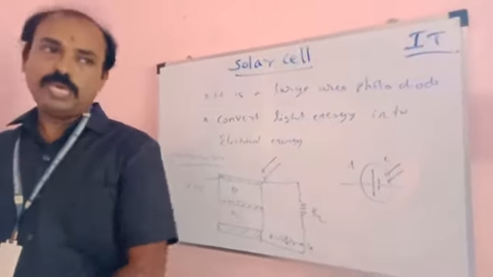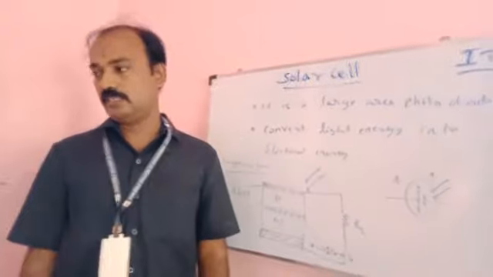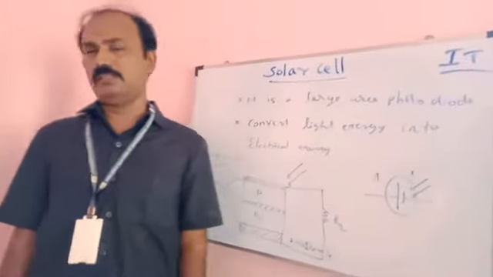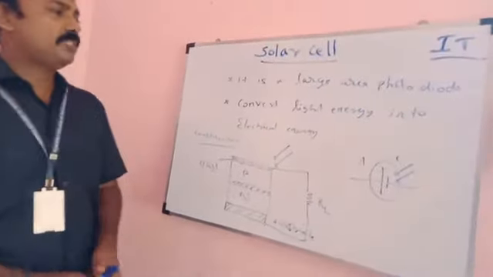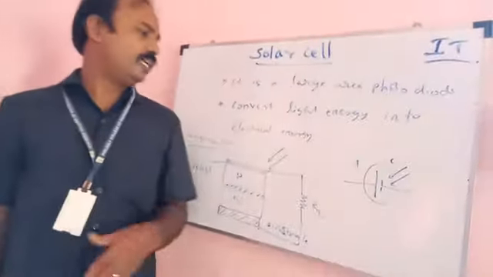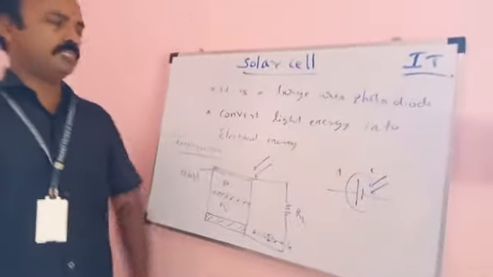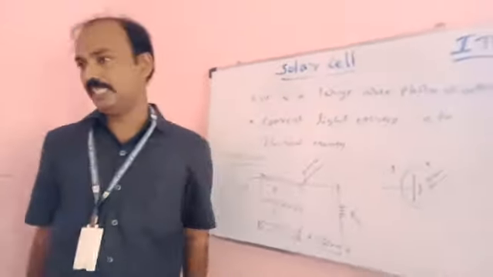Then we move to the working procedure of this solar cell. What is the working? How does it work? I already explained the principle itself: it converts light energy into electrical energy. So the basic working of this solar cell is because of the incident light.